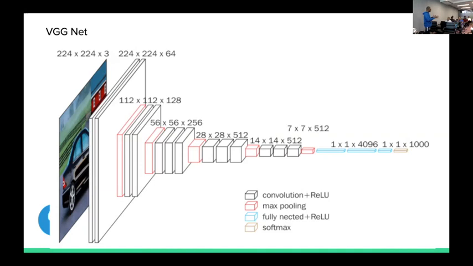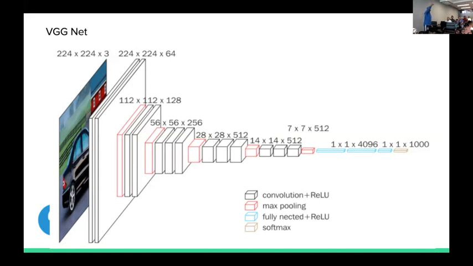Max pooling is like this: in a 28 by 28 image, I take the first 5 by 5 grid, and out of the 5 by 5 pixels I take the maximum value. That is max pooling. Fully connected is, as I said, a hidden layer between input and output. And ReLU is an activation, and softmax is a function.